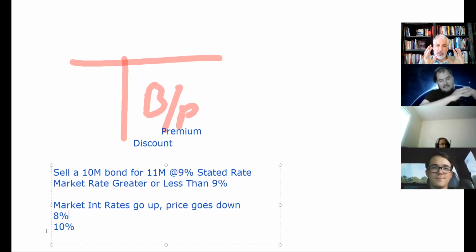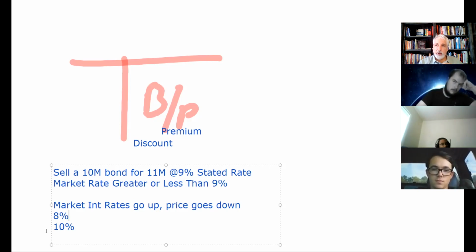So if we have a $10 million bond, we sell it for $1 million premium, people are paying an extra $1 million to get this bond. It's because the market rate itself is lower, is less. So they find this bond more valuable.